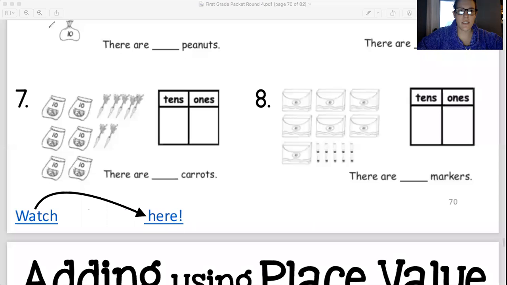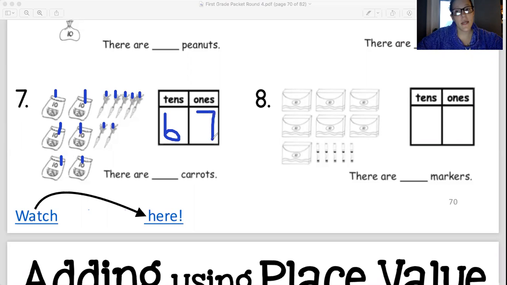All right, boys and girls, let's do the last 2 on this page. Let's count our groups of 10. 1, 2, 3, 4, 5, 6 groups of 10. Count these leftover carrots. 1, 2, 3, 4, 5, 6, 7 ones.